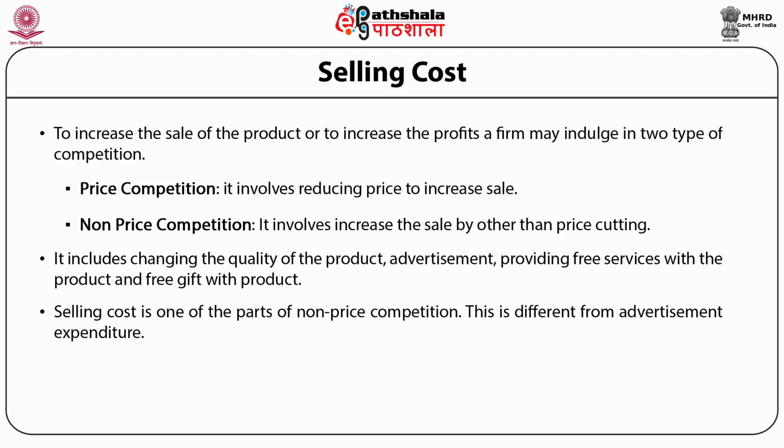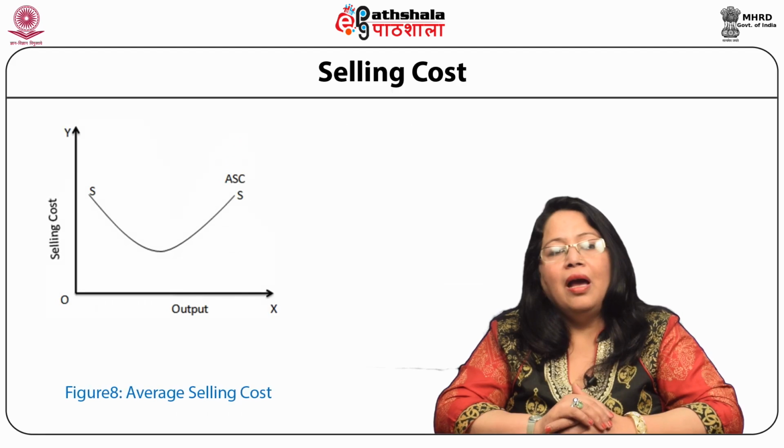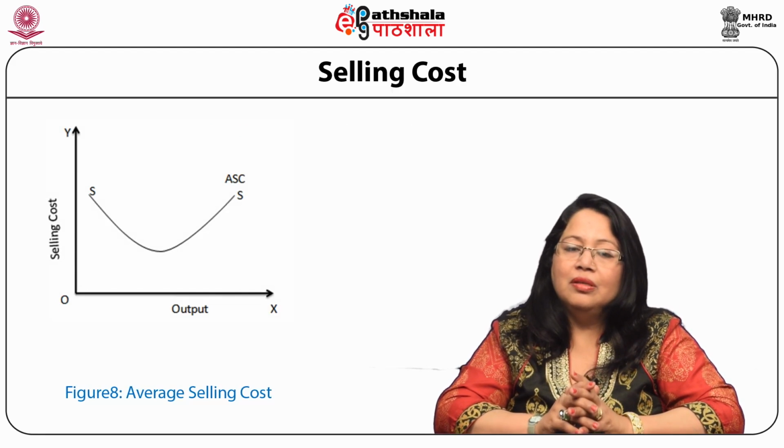This is different from advertisement expenditure. Advertisement expenditure includes cost incurred only on getting the product advertised in newspapers and magazines, etc. Selling cost includes the salaries and wages of salesmen, allowances to retailers for displaying their product, and other promotional activities. Average selling cost curve.